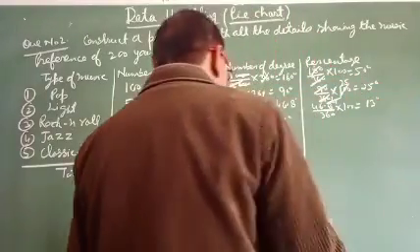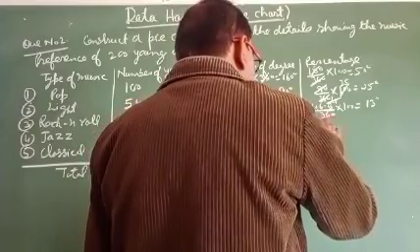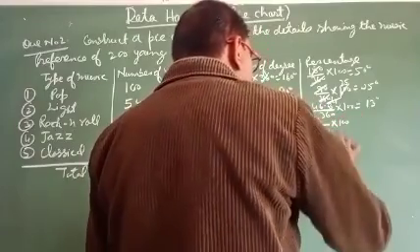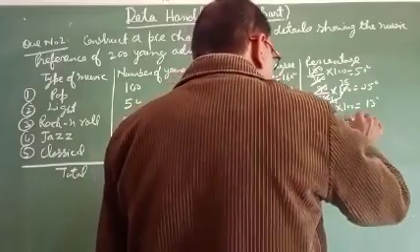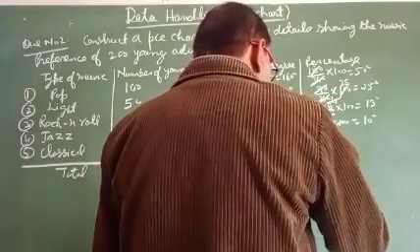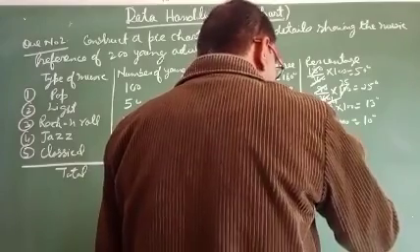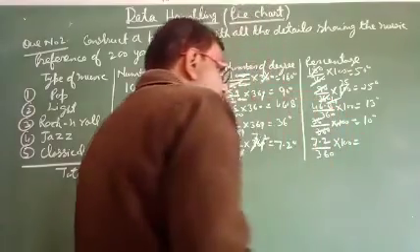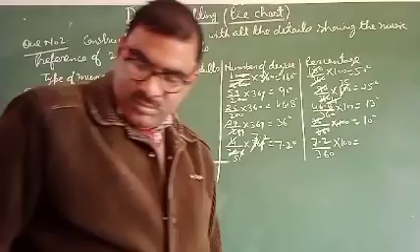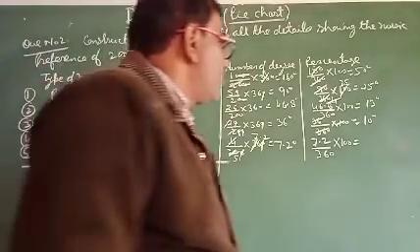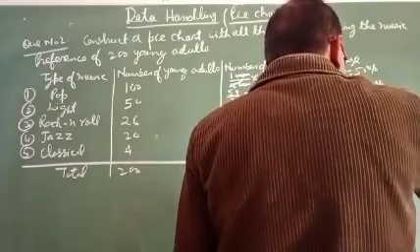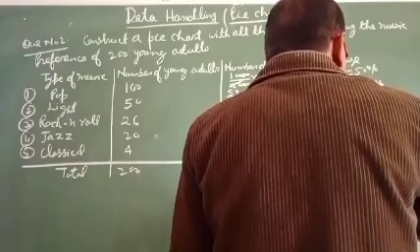Now 36 divided by 360 into 100 will be 10%. Now 7.2 divided by 360 into 100 will be equal to 2%.